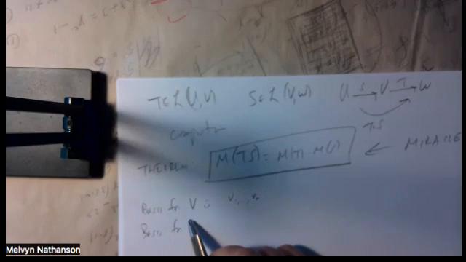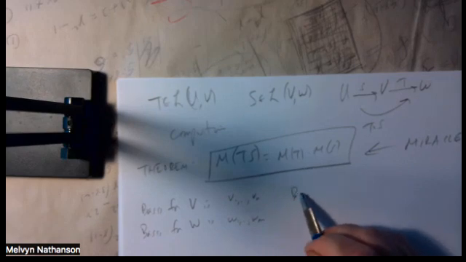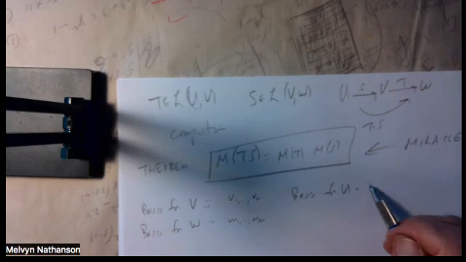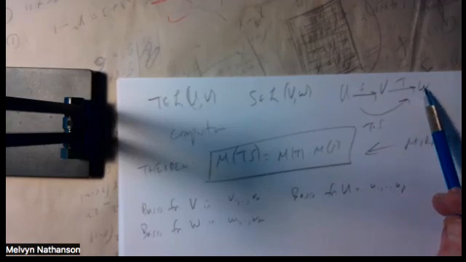A basis for W is W1 up to W sub m. Let's say a basis for U is U1 up to U sub p. So U has dimension p, V has dimension n, W has dimension m.